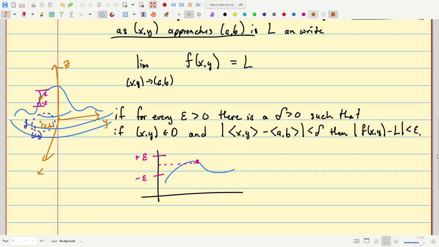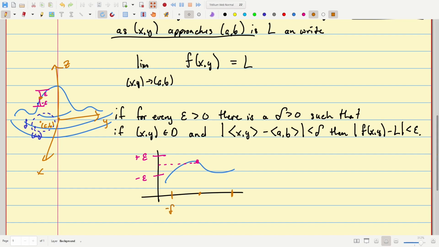Okay. Then you have your point down here that you care about, and what this does is it corresponds to some delta down here.